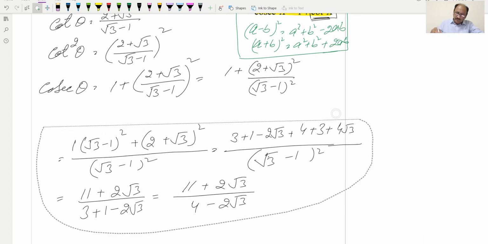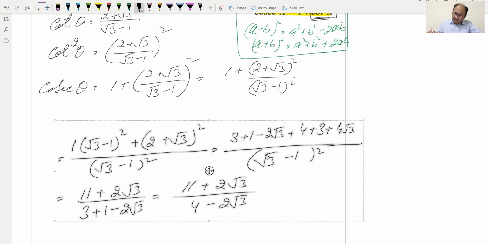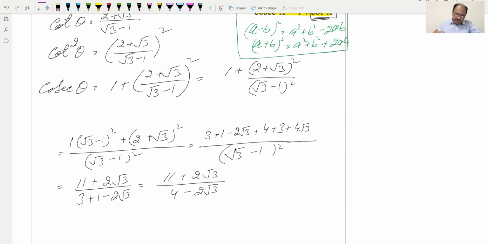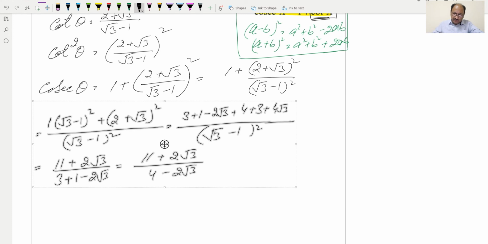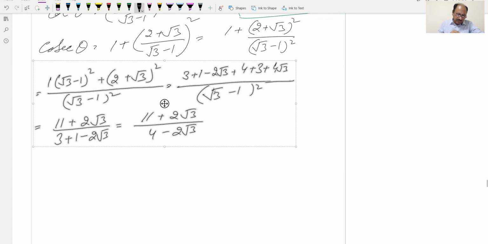So I will shrink this a little to a readable size and save the space as well, and now we can rationalize.